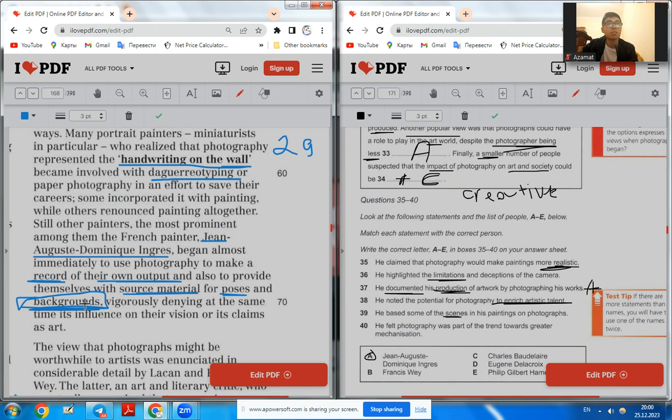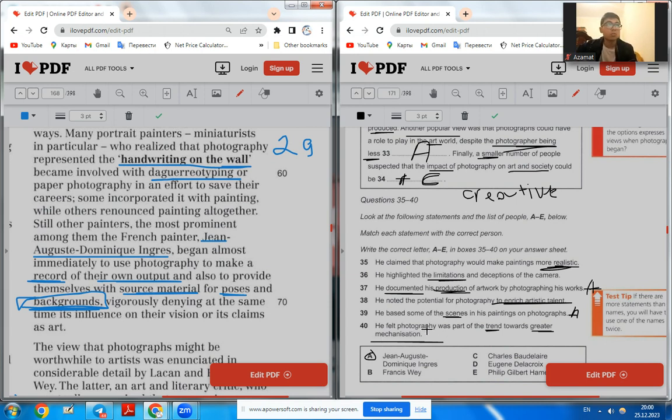These are scenes, and he based some of them in his paintings on photographs. So the answer for question number 39 is also A. He felt photography was part of the trend towards greater mechanization. Nothing about mechanization, right?